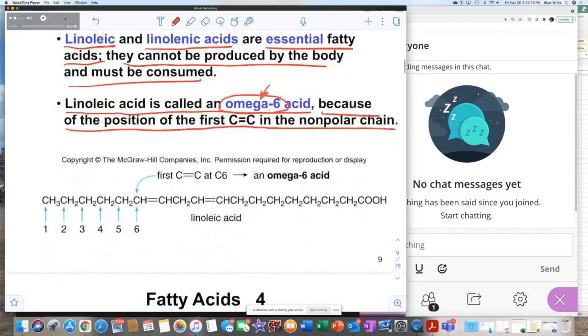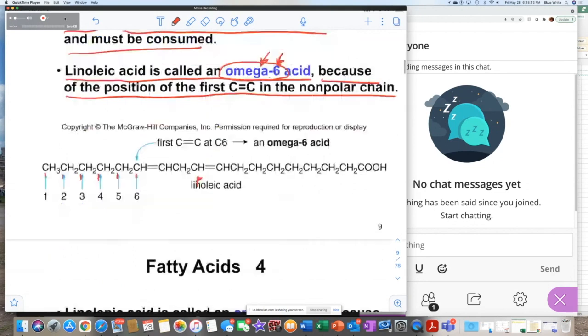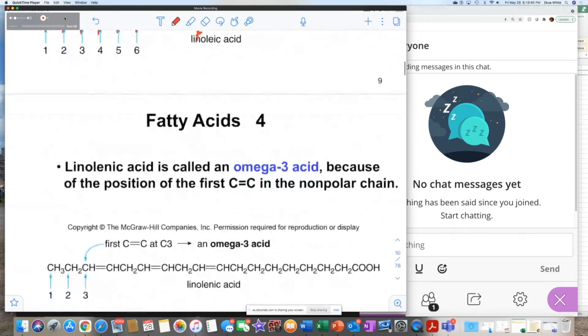So here, instead of numbering from the functional group, they number from the other end. If you count the carbons, 1, 2, 3, 4, 5, 6, you get to the sixth carbon and there is a double bond, ergo omega-6. So this is just saying a double bond is on the sixth carbon. You have another one down here, but the whole acid is classified based on the first carbon that has the double bond. Okay, so moving on.